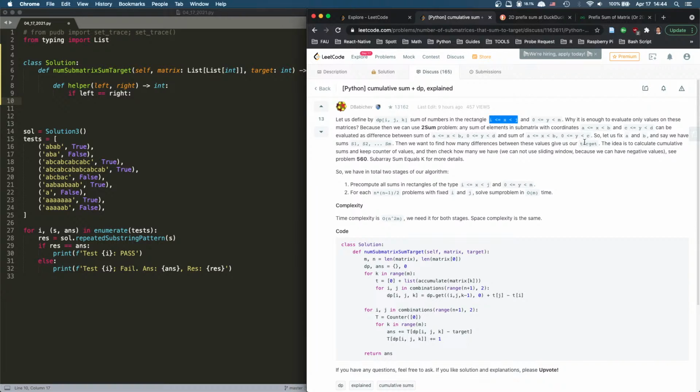So let us fix A and B, which is the column. So we fix A and B, and say we have sums S1, S2, up to Sm.